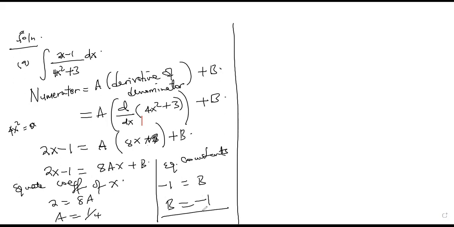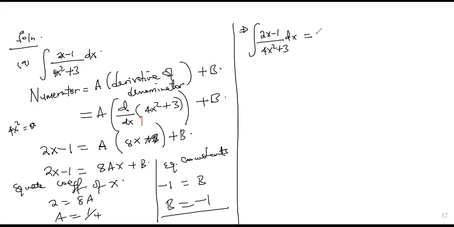Now you've gotten A and B. So the integral of 2x minus 1 over 4x squared plus 3 dx is going to be equal to 8Ax plus B. But remember, you just equated the numerator, and you still have the denominator, so don't neglect it. Where A is, we shall put a quarter.